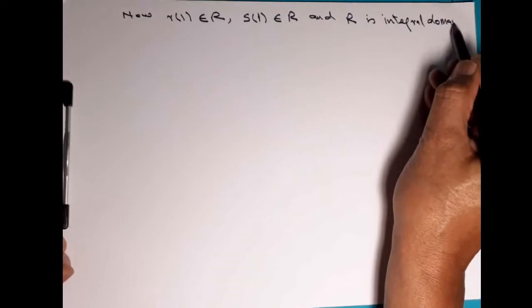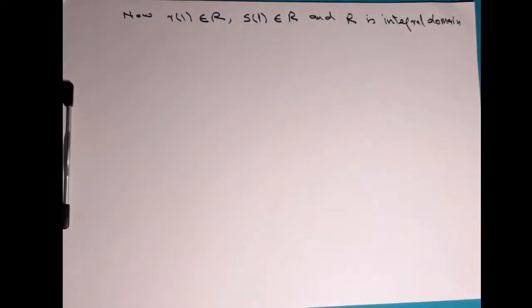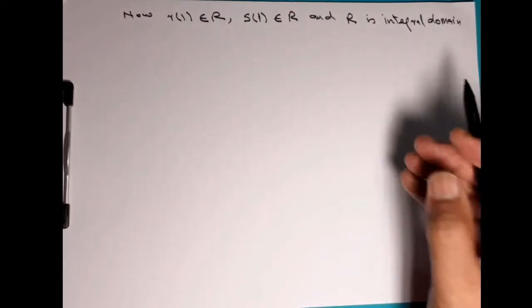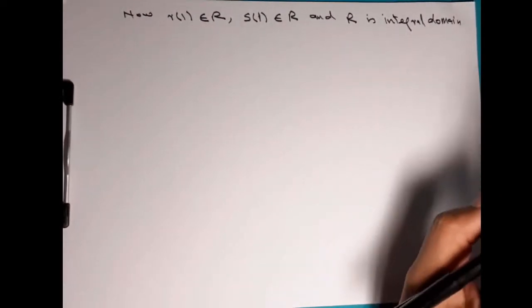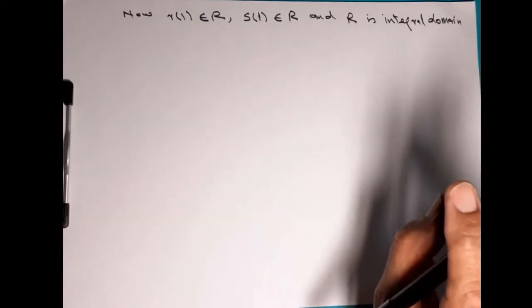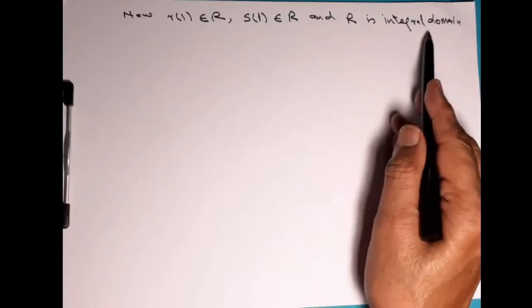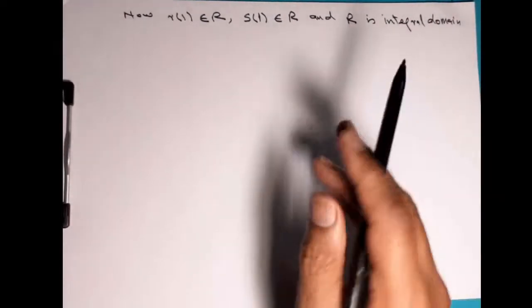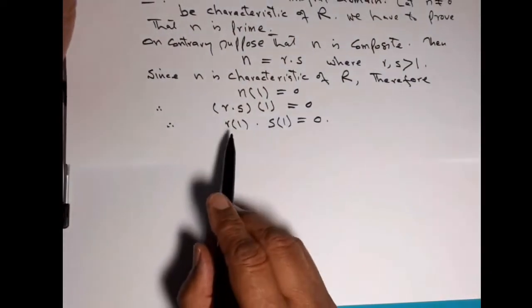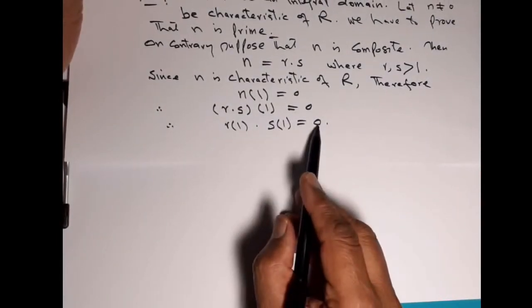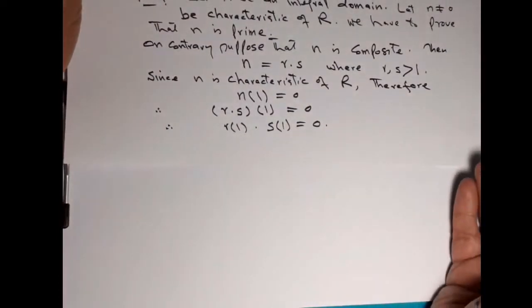Remember that an integral domain is a ring which does not contain zero divisors. What does zero divisor mean? Non-zero elements such that if they get multiplied with each other, they give 0. But an integral domain does not contain zero divisors. So since R is an integral domain, R cannot contain zero divisors. So R multiplied with 1 and S multiplied with 1 is equal to 0, and R does not contain zero divisors.